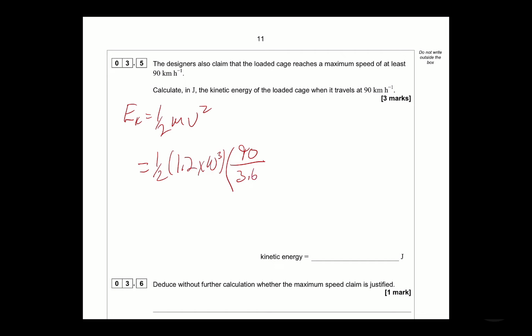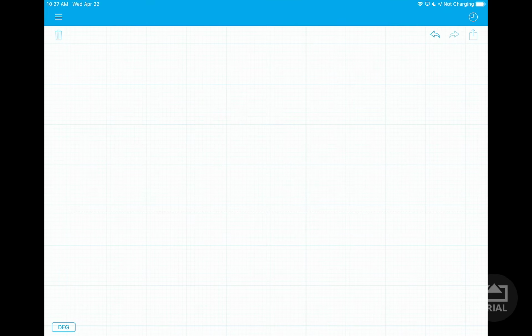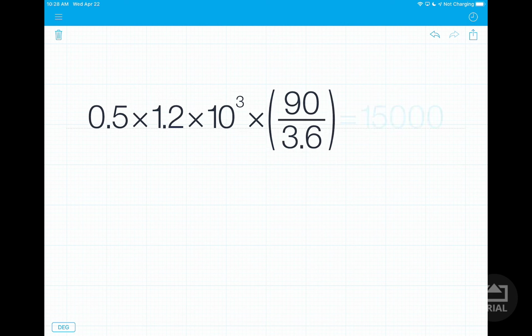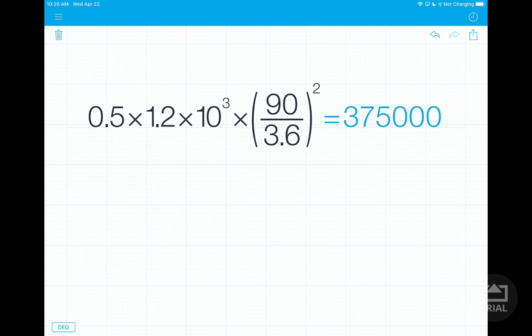You divide by 3.6 to get to meters per second. We square that. So we get 3.8 times 10 to the 5.